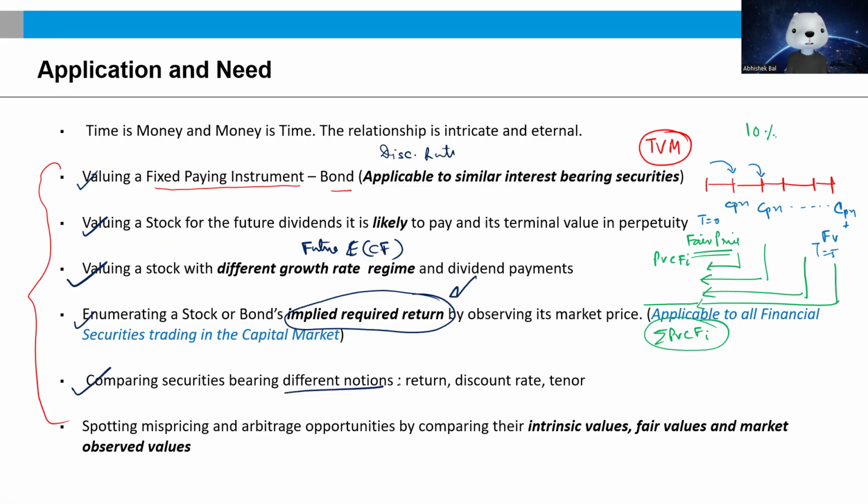Comparing securities bearing different characteristics, for example return, discount rate, tenor. If we want to compare securities of such nature, for example, let's say you're given three interest bearing securities, and I'm just making up certain numbers. One is paying a 10% semi-annual coupon, and its tenor is the next 2 years.